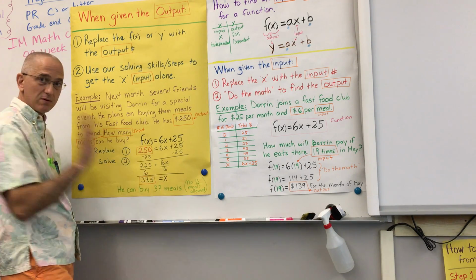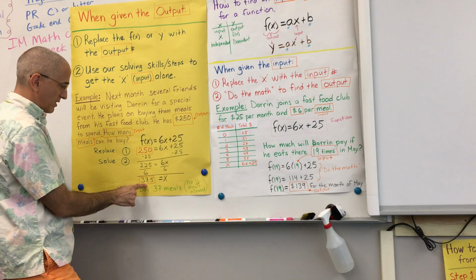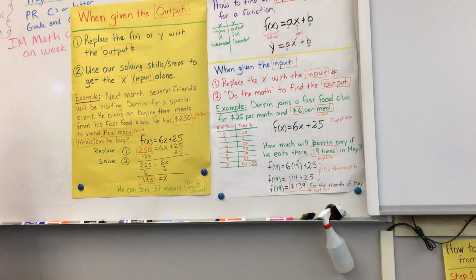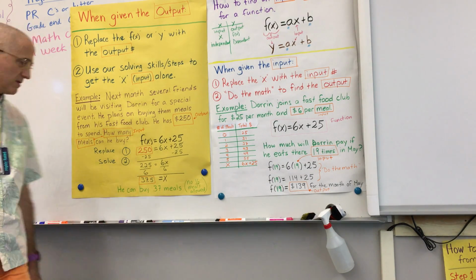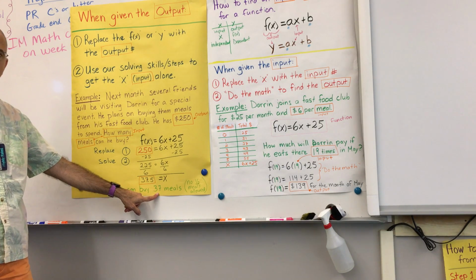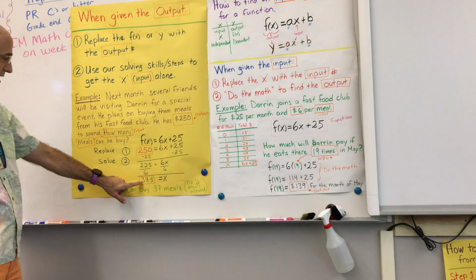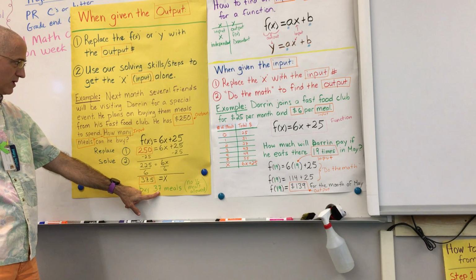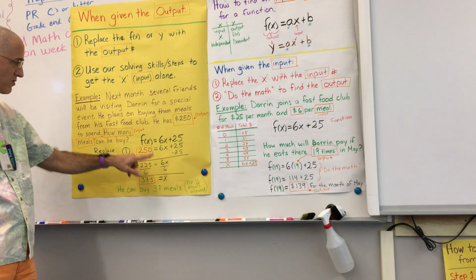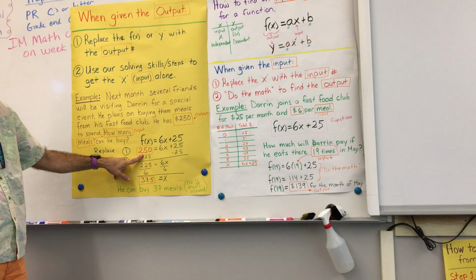Now x is alone, that's our goal. And we get 37.5. He's not allowed to buy half a meal. So you would say he can buy 37 meals for the whole month, including while his friends are there. That's your input, 37, when your output is 250.